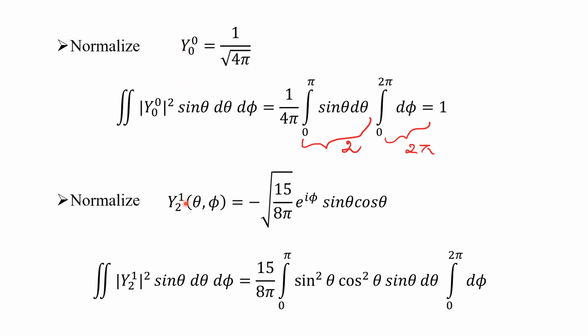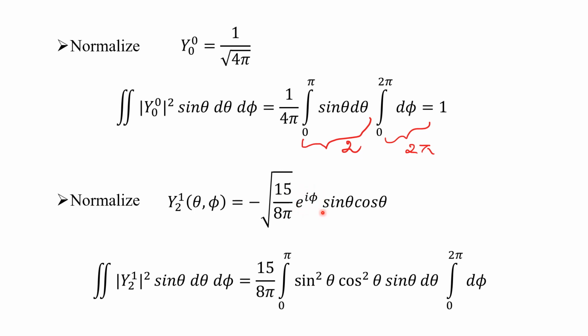Then we will see the next harmonic, that is Y21, which is a function of theta and phi, equal to minus square root of 15 over 8 pi e power i phi sin theta cos theta. As done in the previous case, you take the modulus square of this one. You will get 15 divided by 8 pi, because you are taking the modulus square, so this negative sign will go away. If you take the modulus square of e power i phi, its complex conjugate is e power minus i phi, so if you multiply both, you will get 1.